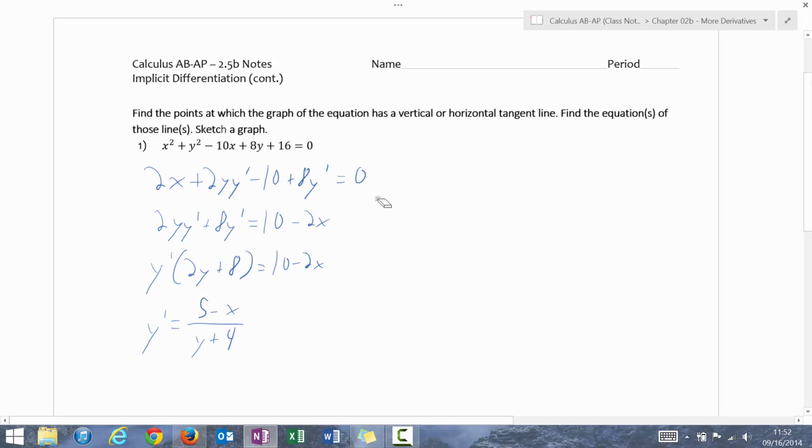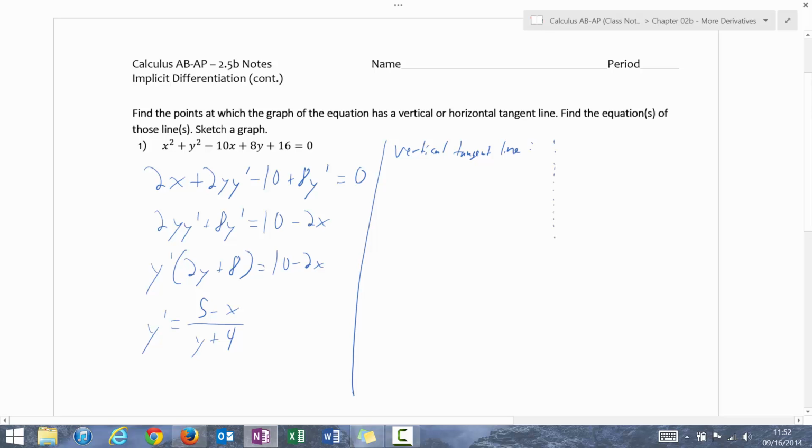So the thing to keep in mind here is that it asks for vertical and horizontal tangent lines. A vertical tangent line is a vertical line. Vertical lines are not functions, but a vertical line is basically whenever you have a vertical tangent.